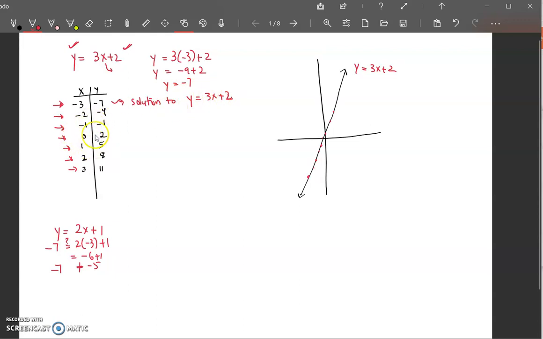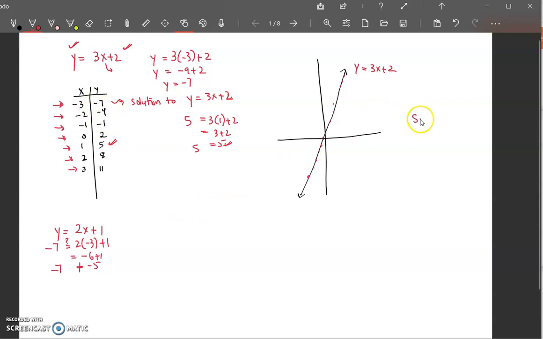I can try any point here. Even if I want to try this one, if I were to put 3 times 1, it should give me 5. And if you work it out, it does give me 5.